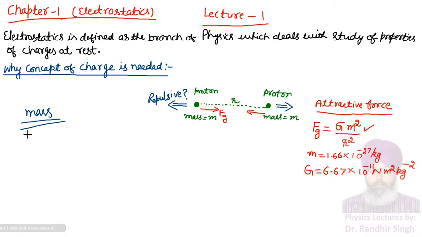However, we have to assume that just as every particle possesses mass, in the same way, every particle possesses another quantity. That quantity is called charge, and this is also a fundamental property of every particle. Let us now define charge.